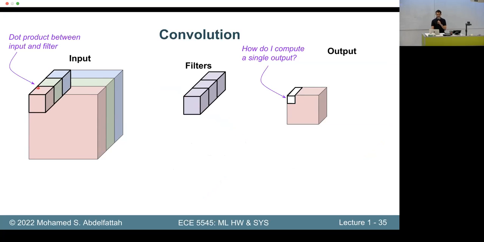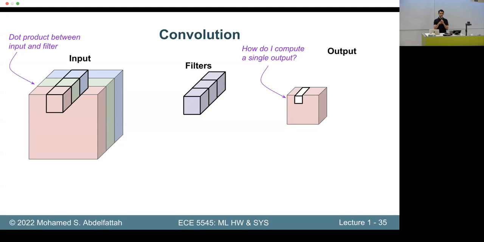So I sweep the filter across the input tensor. I multiply all the values in that shape with all the values in that shape, and then add them all up to compute a single value in the output. So just one number. And then I sweep the filter across the image.